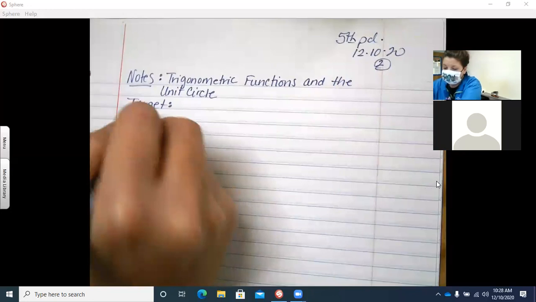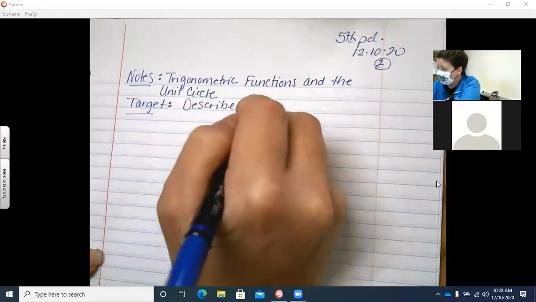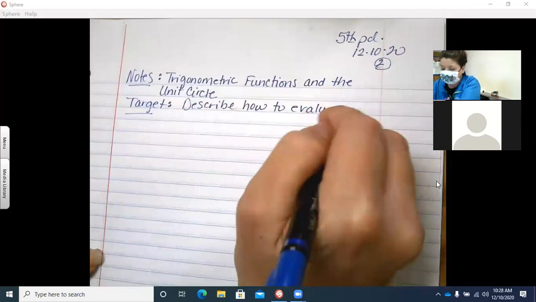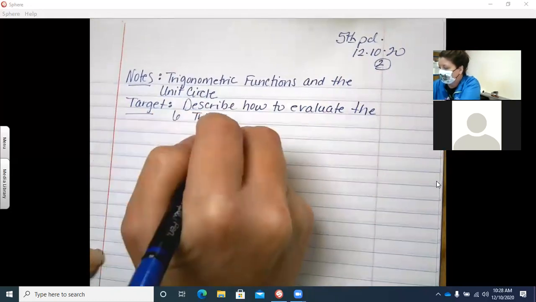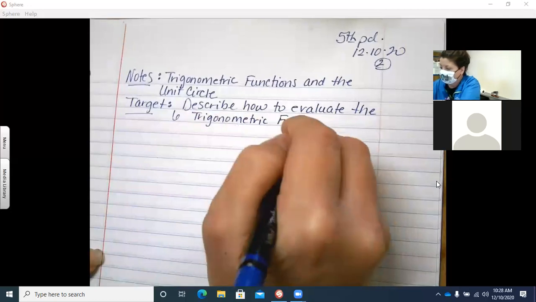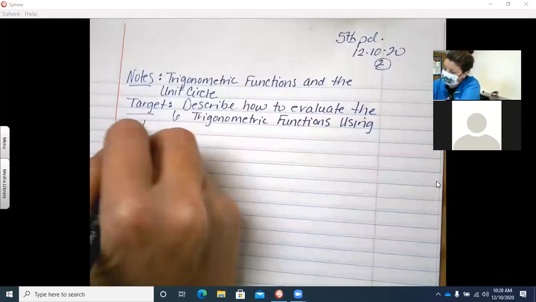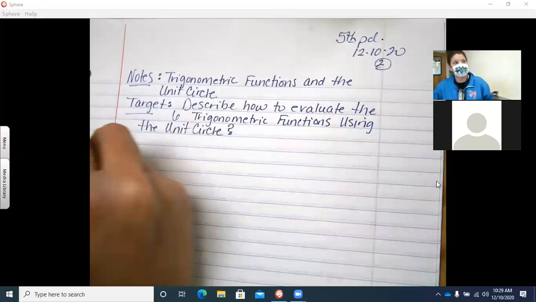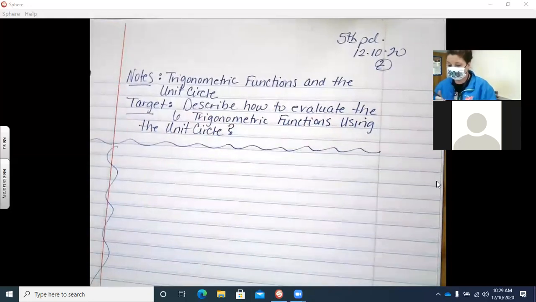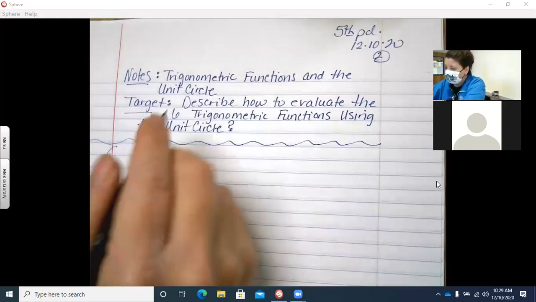Describe how to evaluate the 6 trigonometric functions using the unit circle. All right, so we have already learned about 3 trig functions called sine, cosine, and tangent.